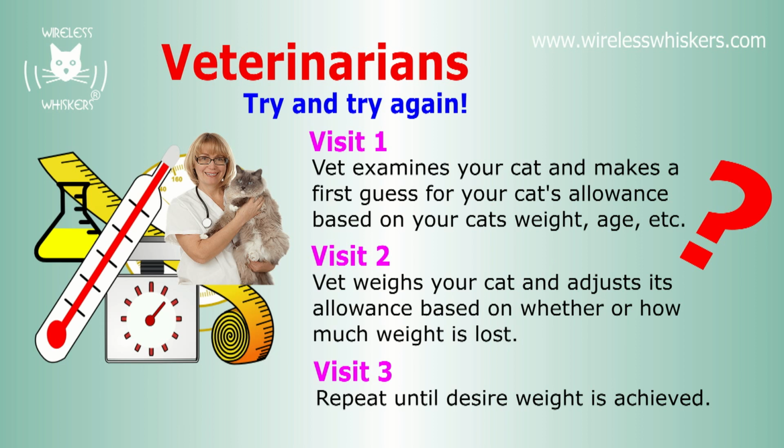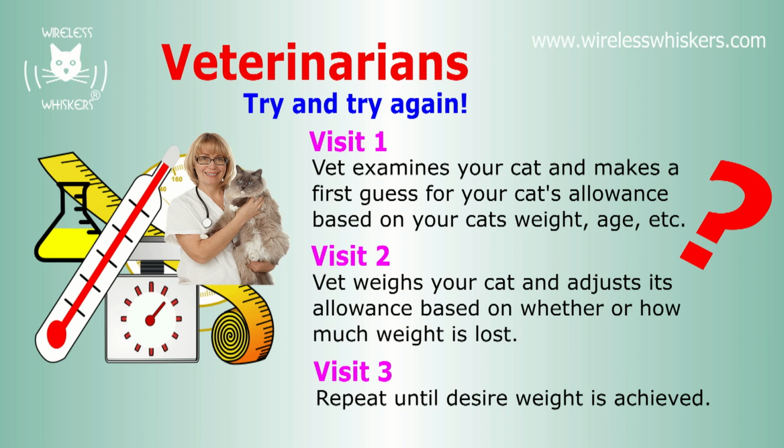So what your vet does is to recommend an allowance, knowing that it won't be very accurate, and then weighs your pet. And then at the next visit, he'll weigh the pet again, and then he'll be able to gauge whether he needs to adjust the allowance upwards or downwards, depending on how much weight your cat has lost. Then this is repeated at subsequent visits until your cat finally reaches the desired weight.